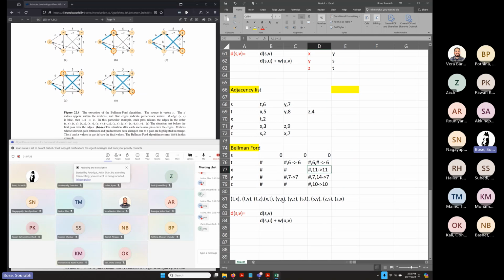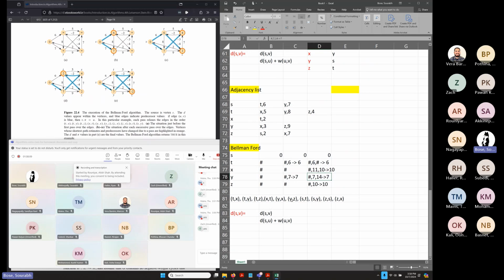Then we have YX. That is S to Y, which is currently 7, and then YX, that is 3. Ooh. So YX then becomes 10. We are offering 10, and this is basically going to update itself to a minimum value of 10 for X, right?